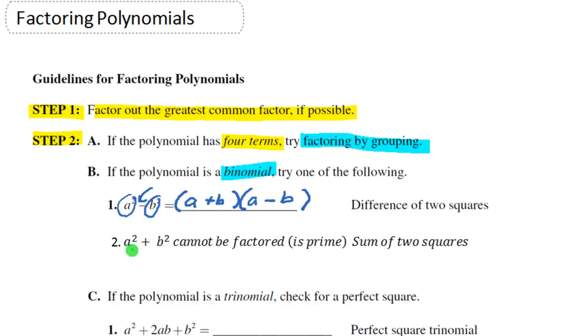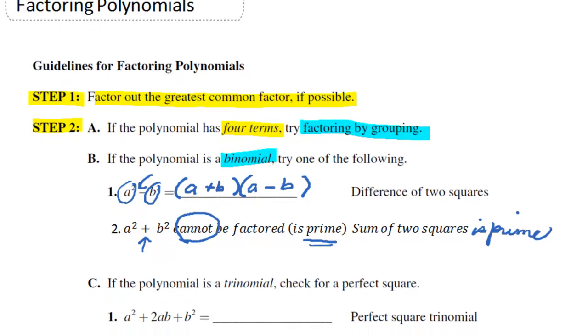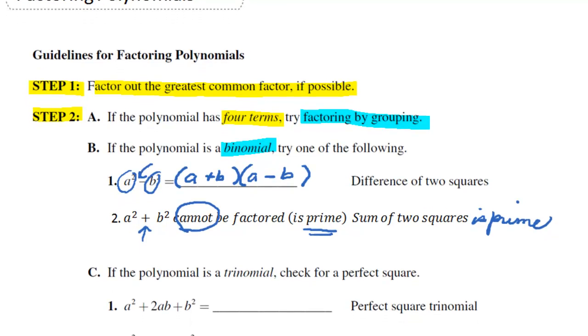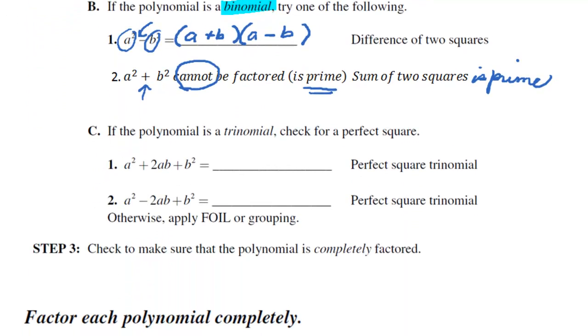If you have squares, but instead of a difference you have a sum, an addition, then this binomial cannot be factored, and so we call that prime. So the sum of 2 squares is prime. Put that in your notes, because sometimes students forget. Sum of squares cannot be factored.